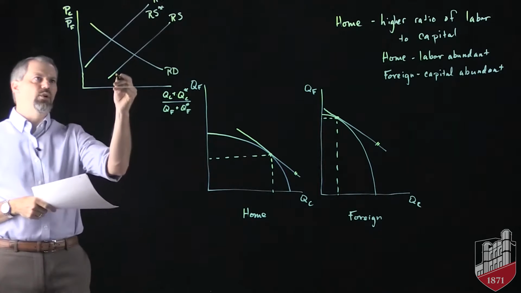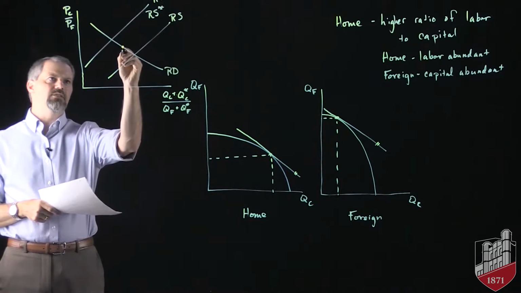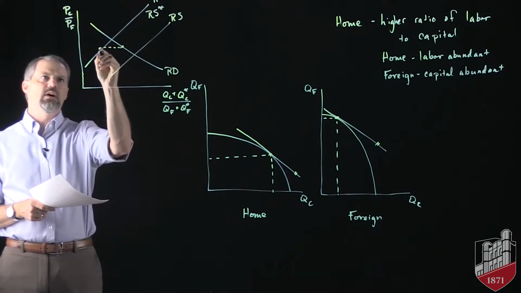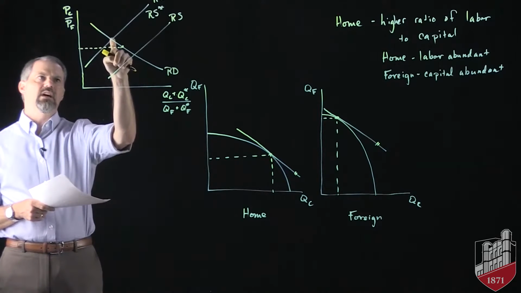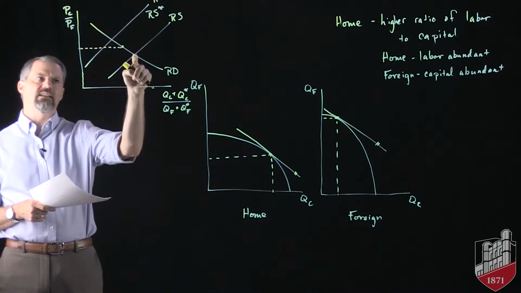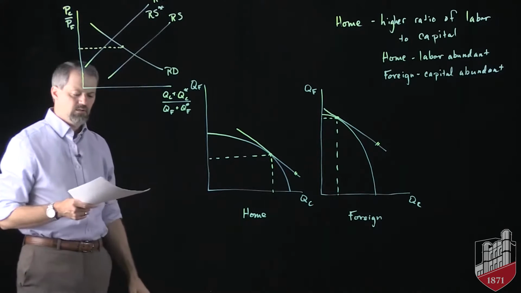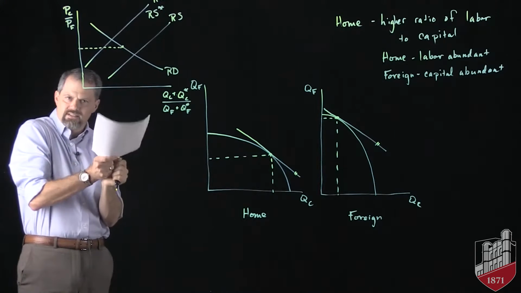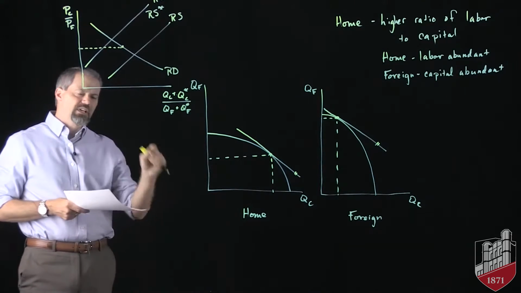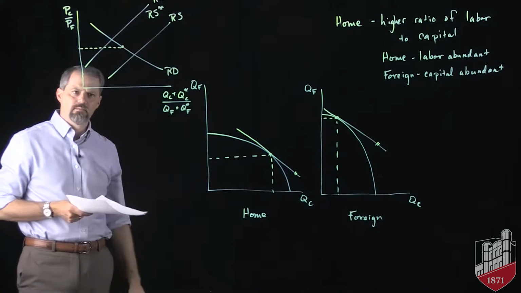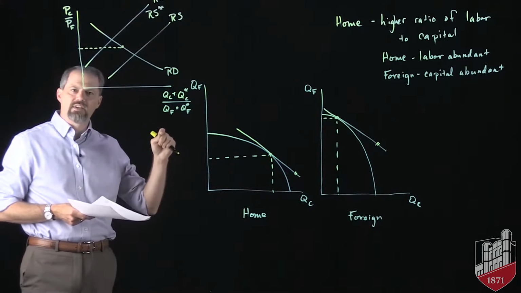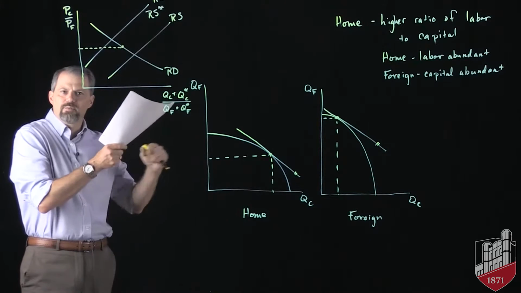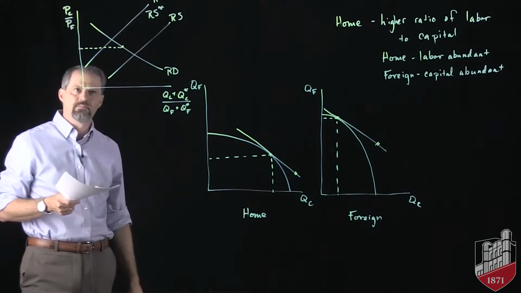Trade is going to bring these two prices together, so our world price is going to end up somewhere in between the autarky price in foreign and the autarky price in home. So our relative price is going to converge between the two prices that would exist in home and foreign, just like the price of gas would converge between the price of gas in Warrensburg and the price of gas in Sedalia.